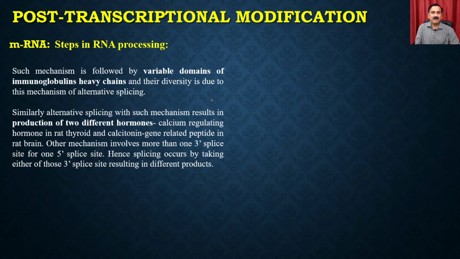So, we have different types of examples where you can use this alternate splicing. One of the classical examples is IgG, right? You know that IgG has two chains, right? One is the heavy chain and the other one is called the light chain, right? And then you also have the J chain, which is also called the junction chain.